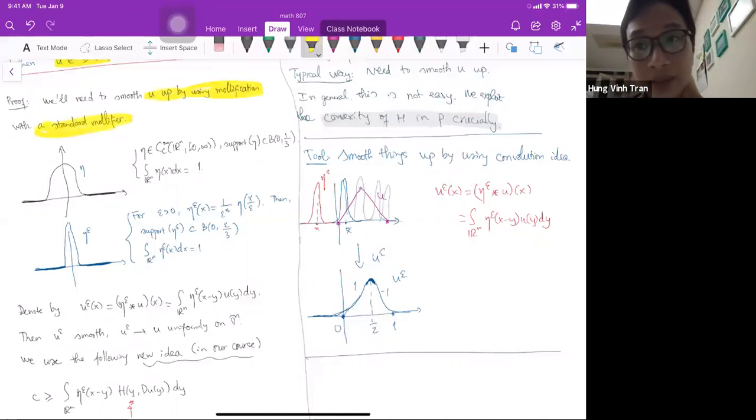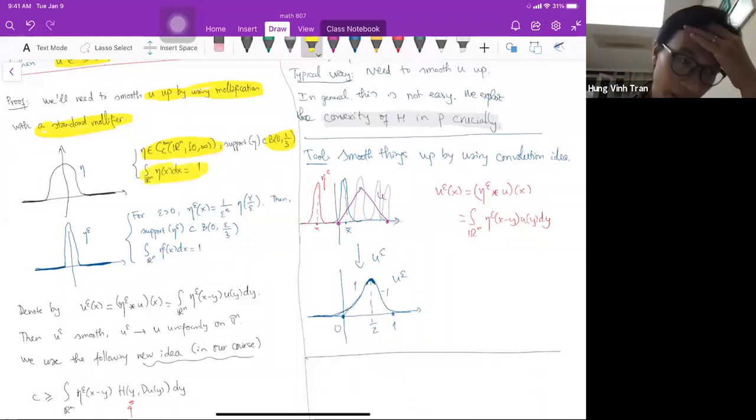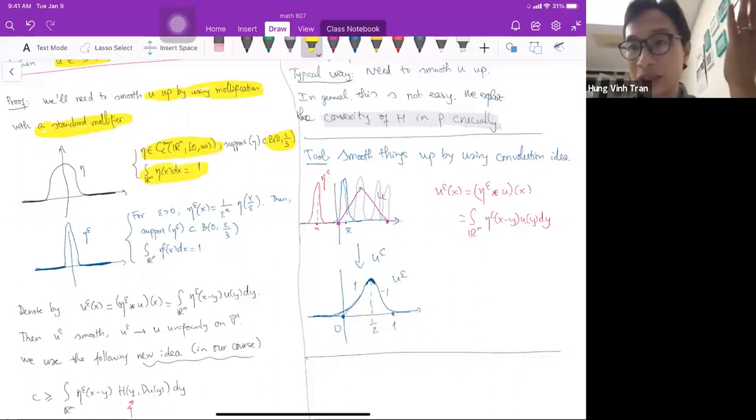So I'm highlighting things on the left panel here. So you take a normal convolution kernel, so just eta compactly supported in just a ball of radius 1/3 or 1/10, whatever. Its integral is 1. Sometimes, if needed, you can require it to be radially symmetric or not, depending on your purposes.